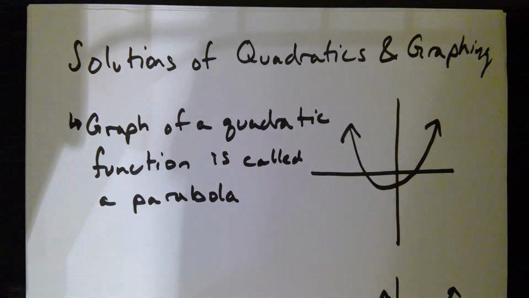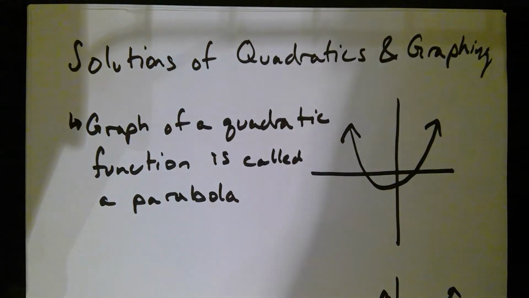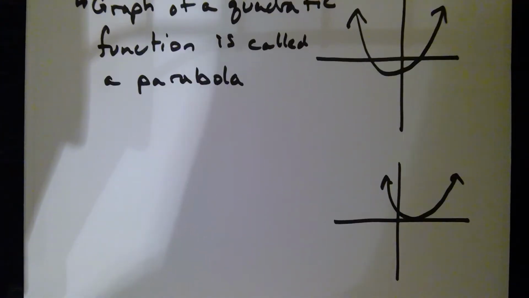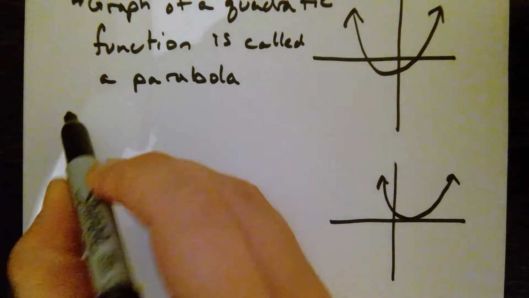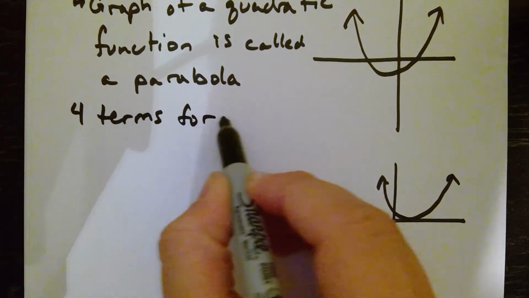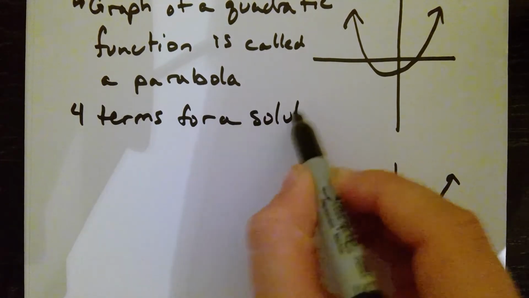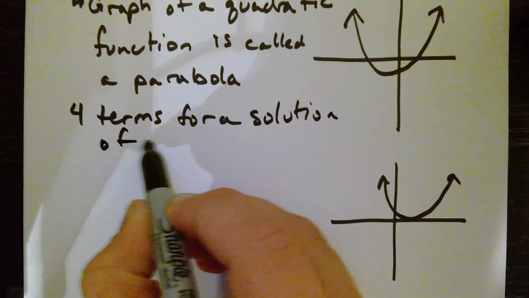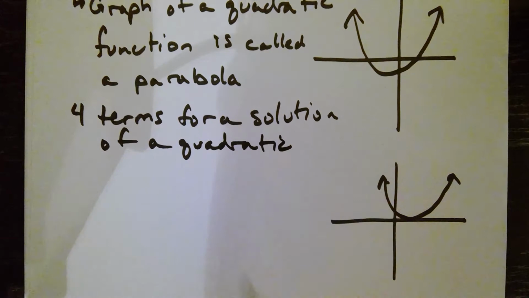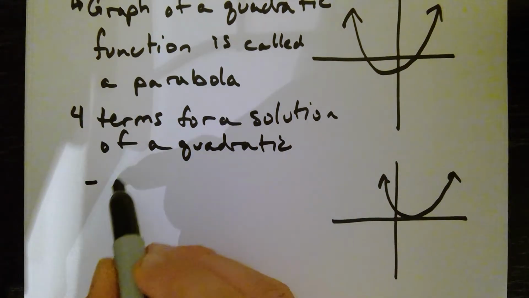Okay, now to sort of take a step further, we're going to see what do we call these solutions. So we talked about this in class. There are 4 terms for a solution of a quadratic. We can call it a solution.